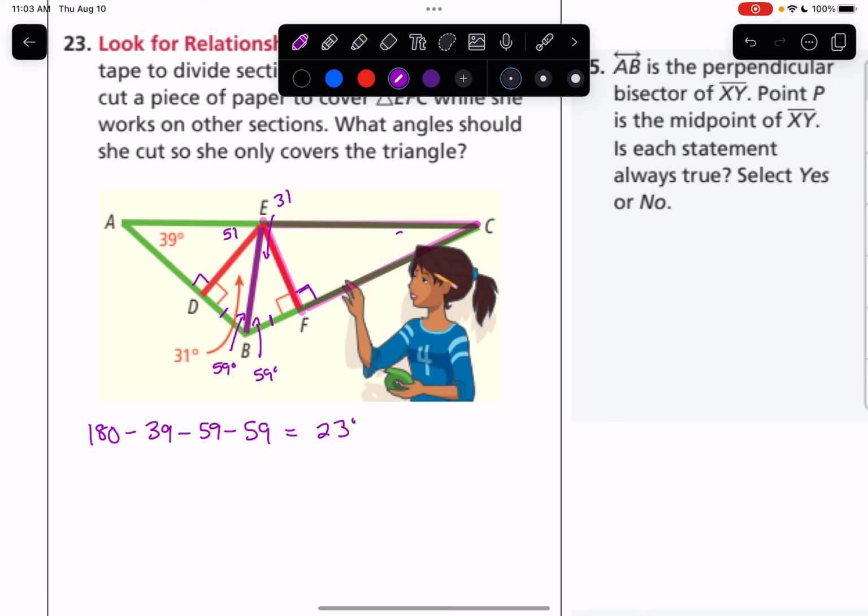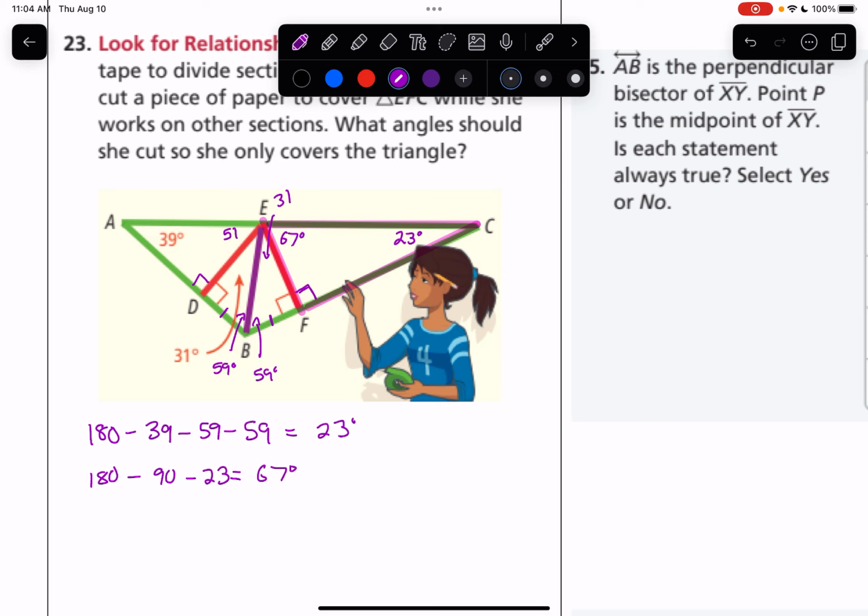So angle C over here is 23 degrees. And then to get the last angle, I can just do 180 minus 90 minus 23 to get this last angle right here. So 180 minus 90 minus 23 is going to be 67 degrees.